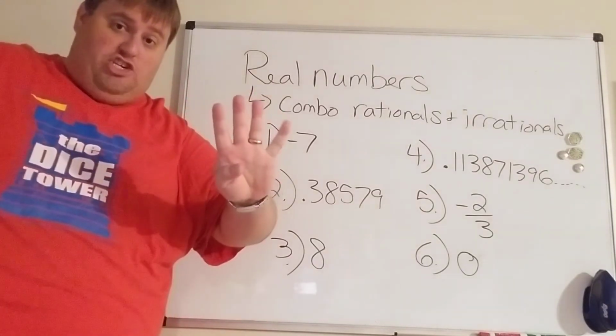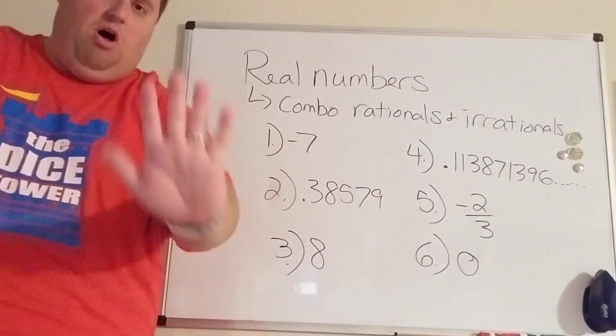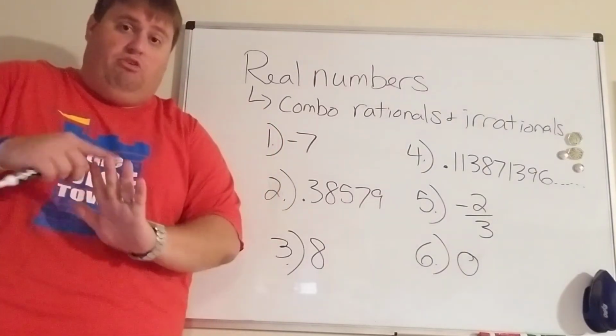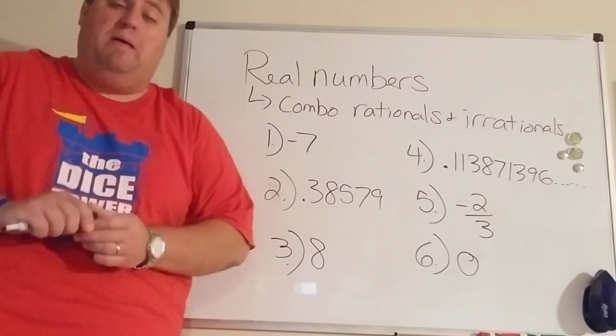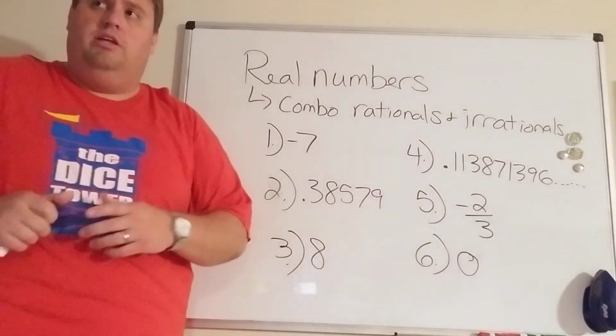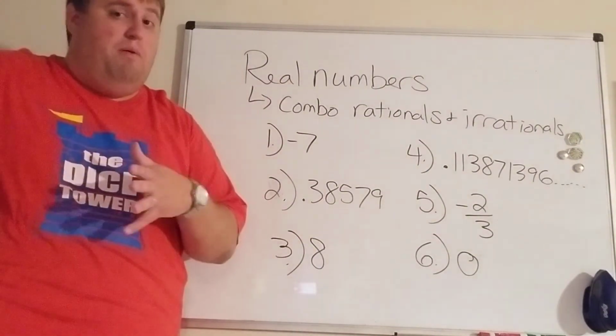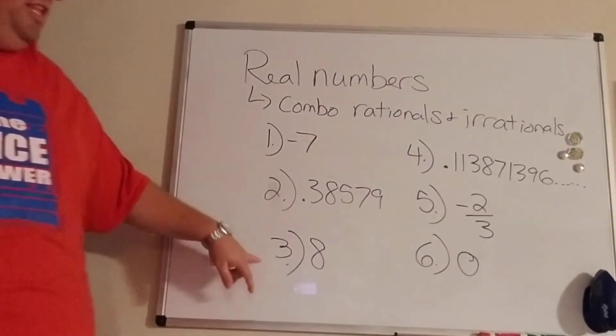It is rational. And it's a real number. So it would be 5 different groups. I need you to put all of those groups. However, some of them might only be in 2 of the groups. So it's either going to be between 2 and 5 answers for each one of these.